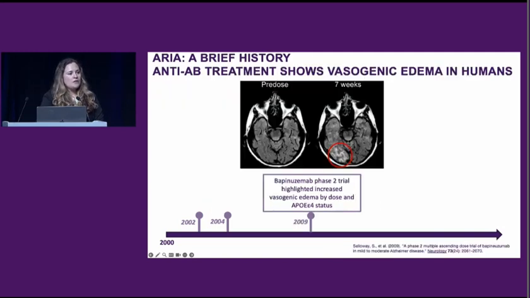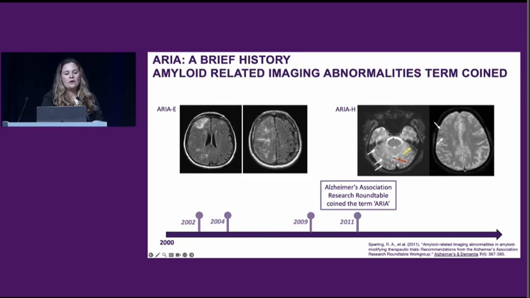So then when we moved into humans, the bapineuzumab phase 2 trial showed that there was increased vasogenic edema, and this increased by anti-A beta dose as well as ApoE4 status of the individual. And so in 2011, the Alzheimer's Association convened a research roundtable where they coined the term ARIA, amyloid-related imaging abnormalities.